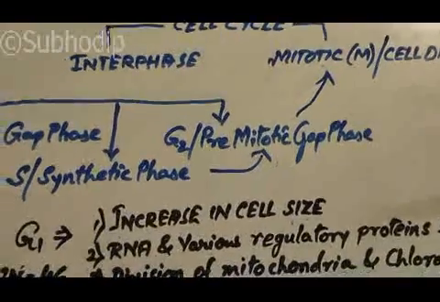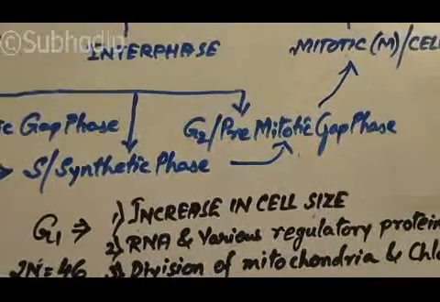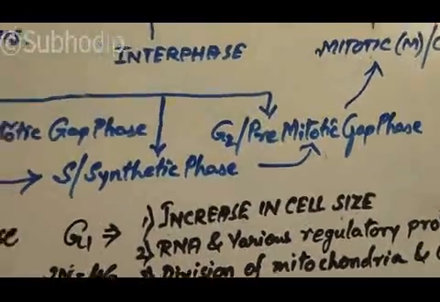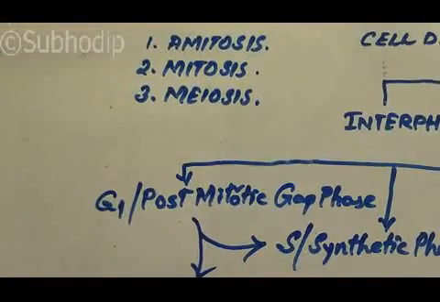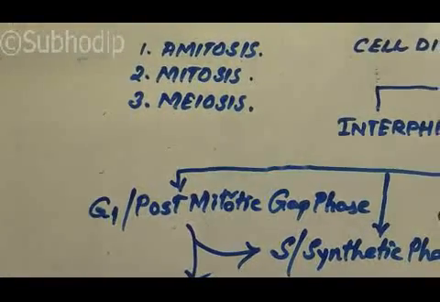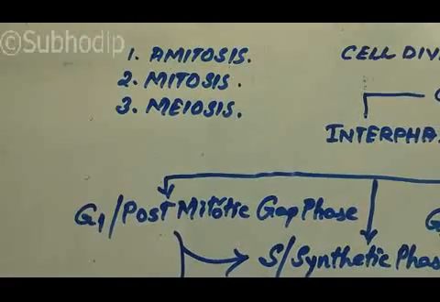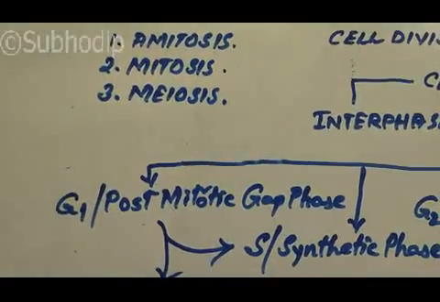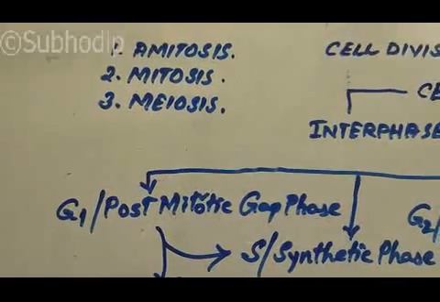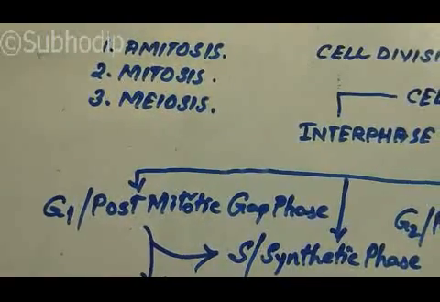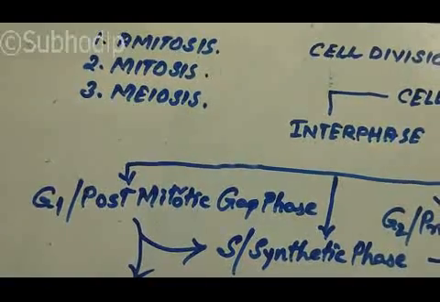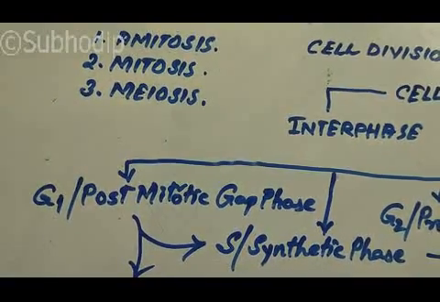Cell division, as we know, is differentiated into three major phases: amitosis, mitosis, and meiosis. Amitosis is a direct cell division showing nuclear cleavage without the formation of spindle fibers.